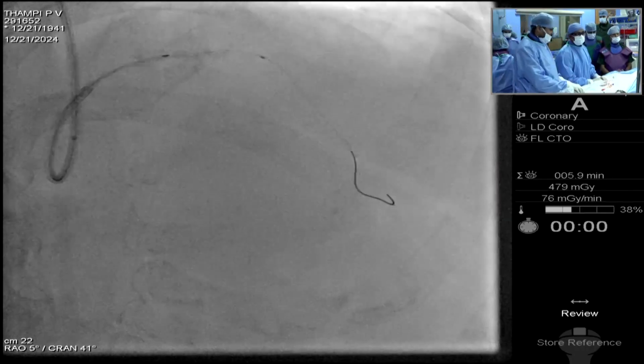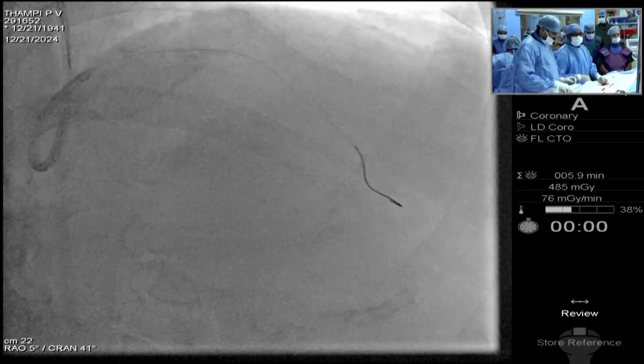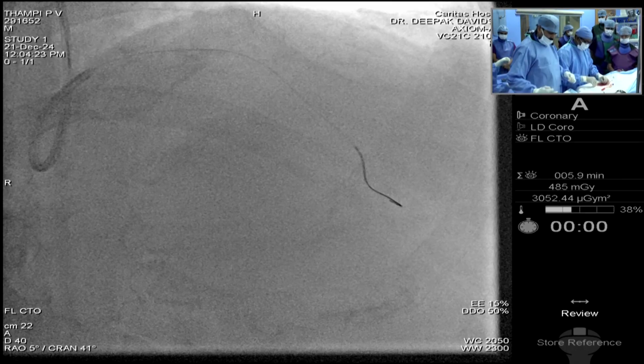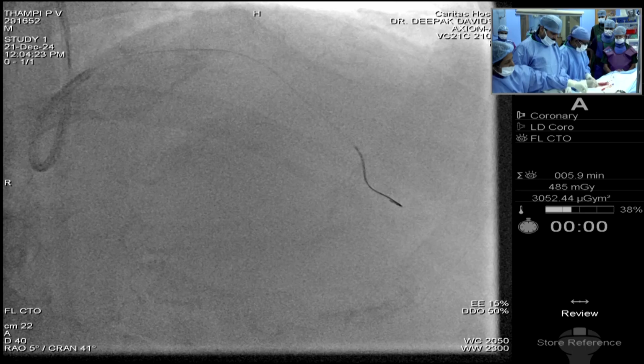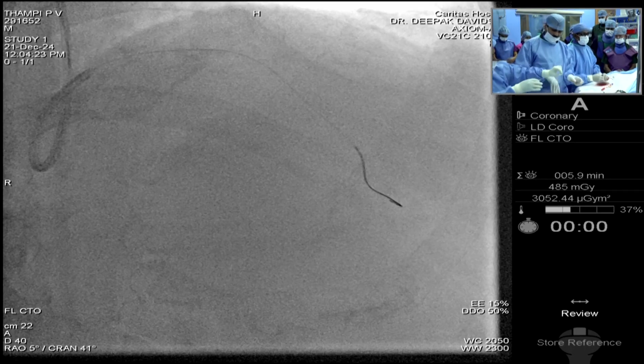No, it won't go through. Okay, we'll take this out. Now give us the micro catheter. Micro catheter, the Wiper wire.